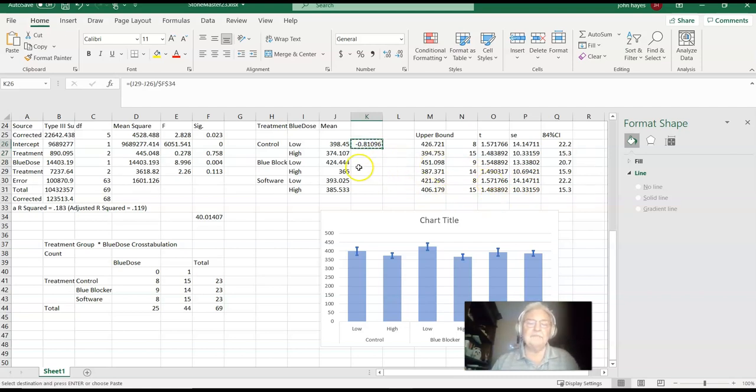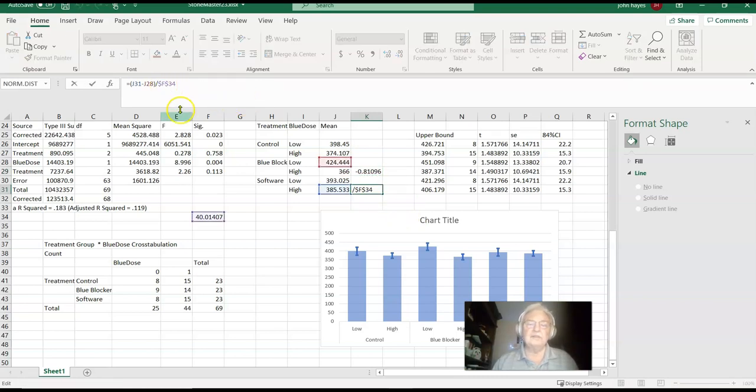Let's copy that. And that was comparing blue blocker to control. Actually, let's move this. And at high dose, let's move that, copy it down to here. And what is this looking at?